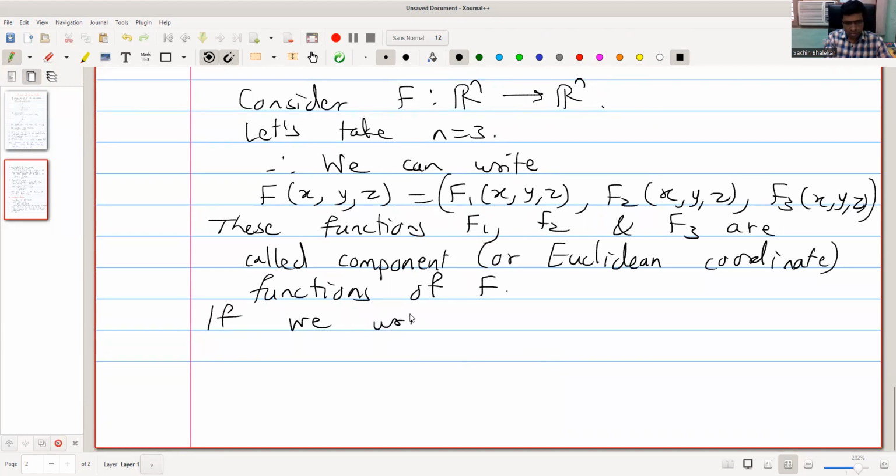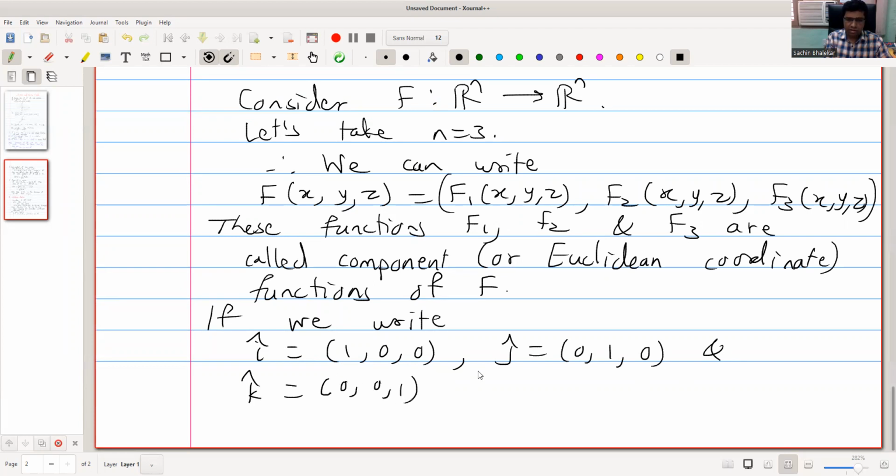If we write i hat equal to (1, 0, 0), j hat equal to (0, 1, 0), and k hat equal to (0, 0, 1), that is unit vectors in R3.